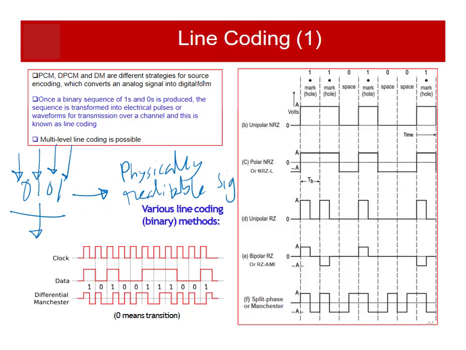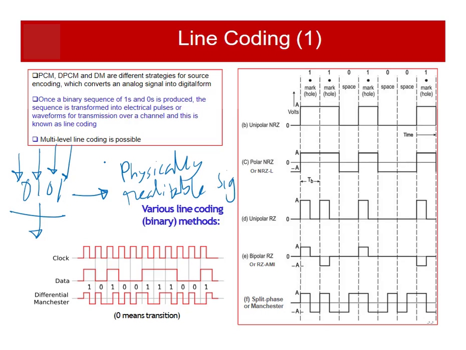This is named line coding, how we convert this bit sequence into the physically realizable signal. A signal should have some amplitude, some frequency. We just don't need the bit sequence to modulate through digital modulation techniques. So the first step of digital modulation is line coding, and it encodes a digital sequence into a physically realizable signal.